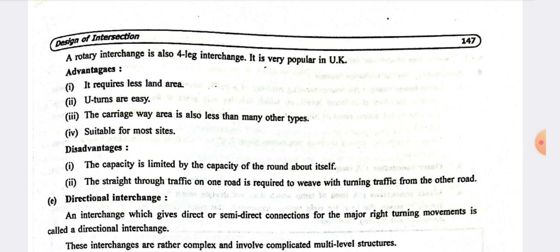Here a rotary interchange is also a four leg interchange, and it is very popular in the UK. Some of the advantages are it requires less land area, and U-turns are easy. Carriageway is also less than many other types, and it is suitable for most sites.